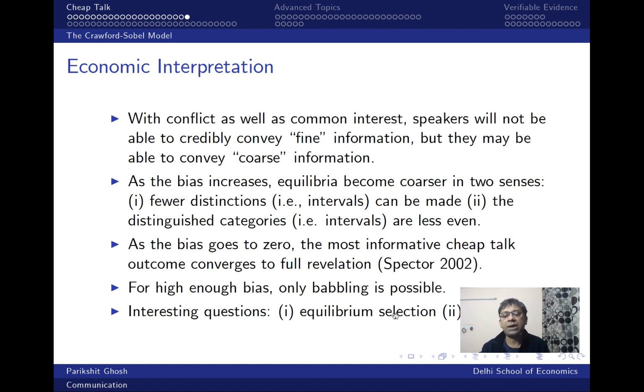But there's a subsequent paper by Navin Kartik and Joel Sobel and others where they come up with a novel equilibrium concept which shows that the most informative equilibrium, or the equilibrium with the largest number of intervals, is the one which will get selected. The others drop out if you apply that criterion. In any case, in general, we'll often look at the most informative equilibrium. Now, the other issue is welfare. So that's the thing that I'm going to turn to next.